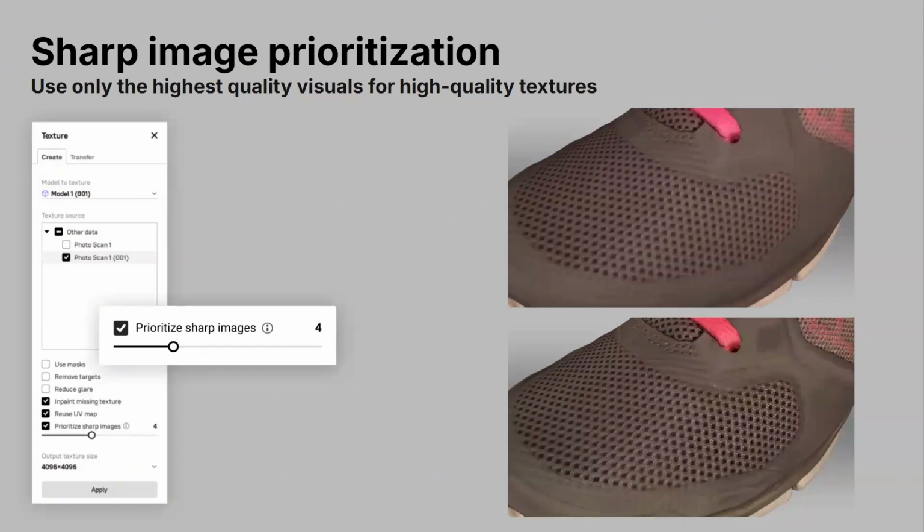Because this way you will start seeing some seams between photos, because the ones that may be blurred out will be less prioritized. So this option works best when you have enough photos. Let's say for a small object, having 60 plus photos will be enough for this option to function correctly.